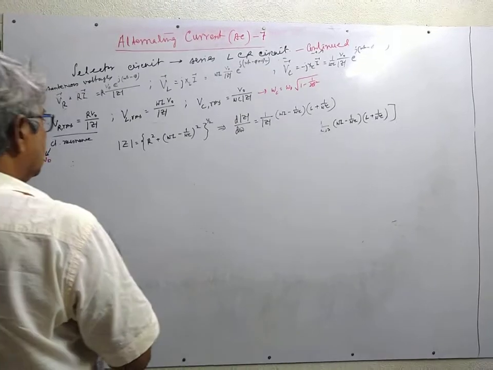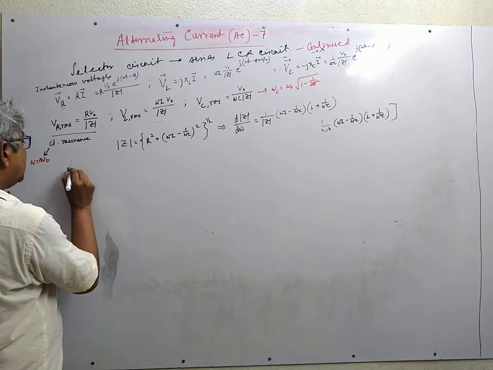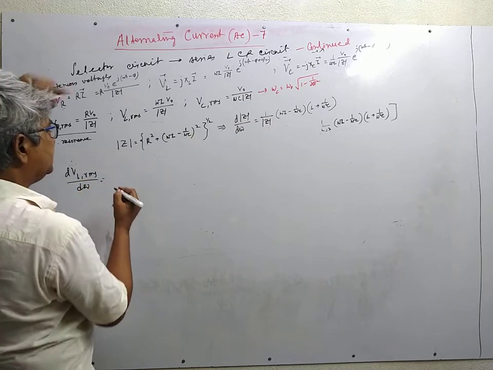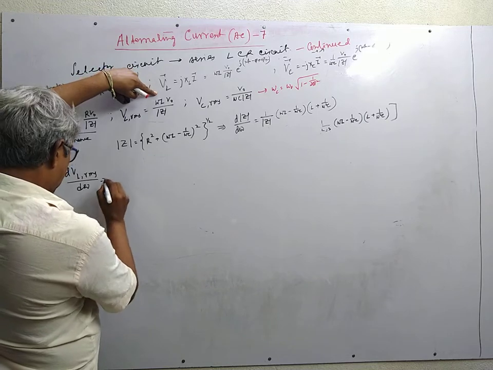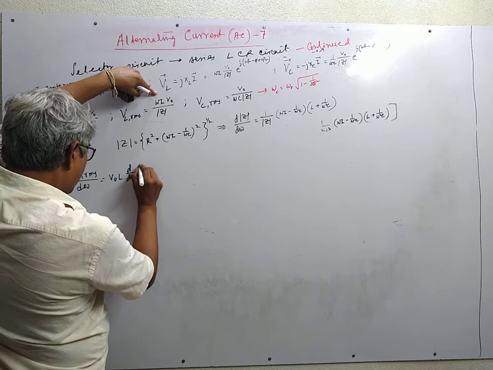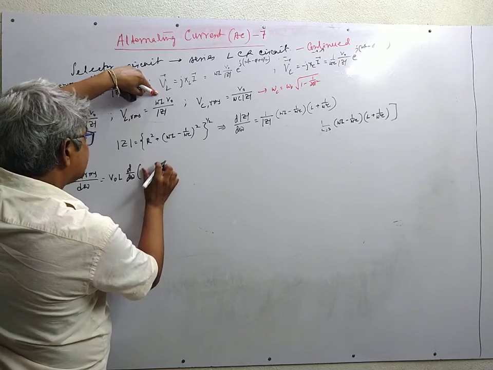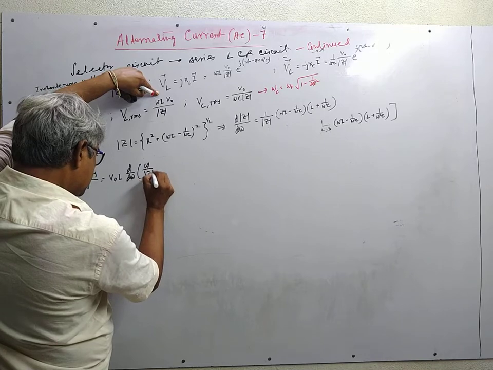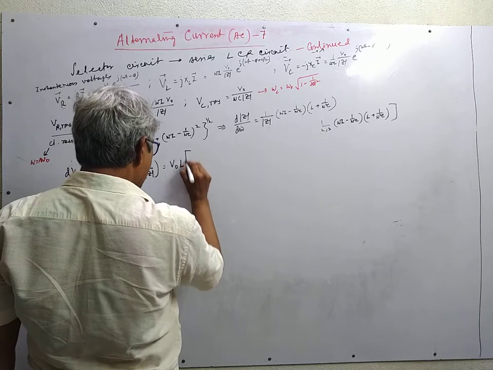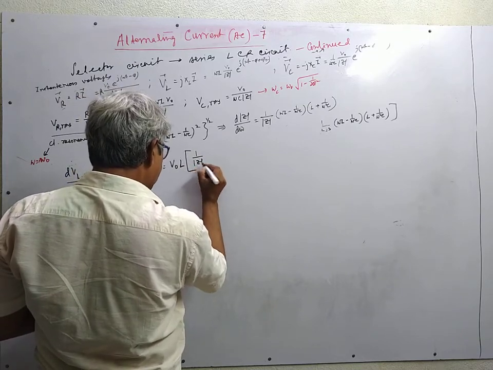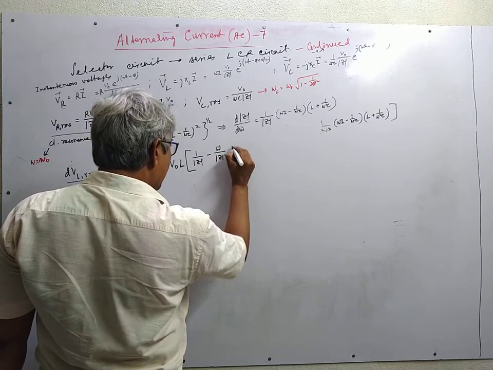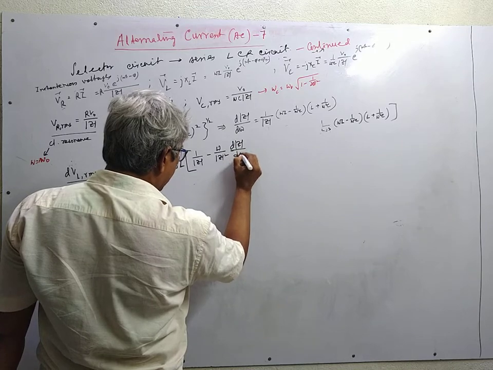So dVL RMS d omega, we use this expression, so we take the V0 L out, so this is d d omega of omega by mod Z. So this is V0 L times 1 by mod Z minus omega by mod Z square d mod Z d omega.